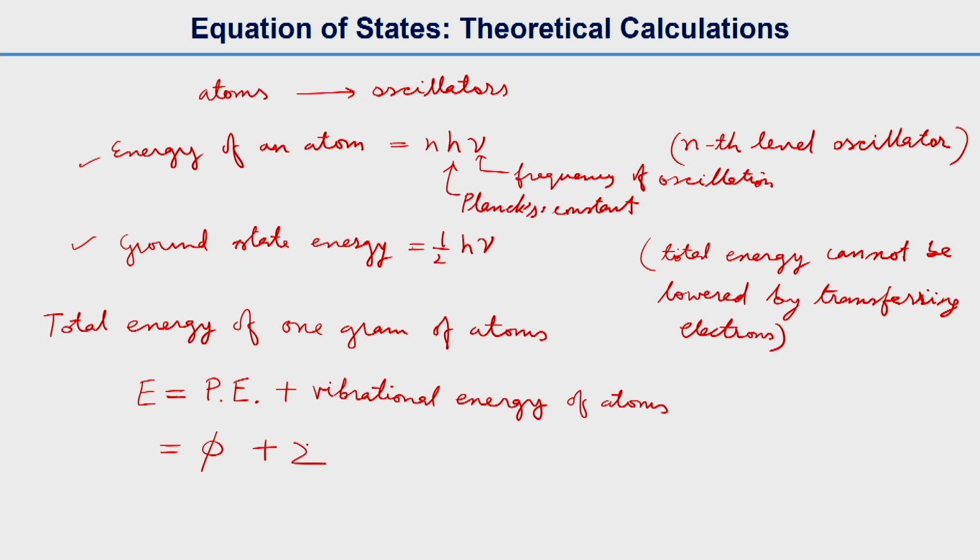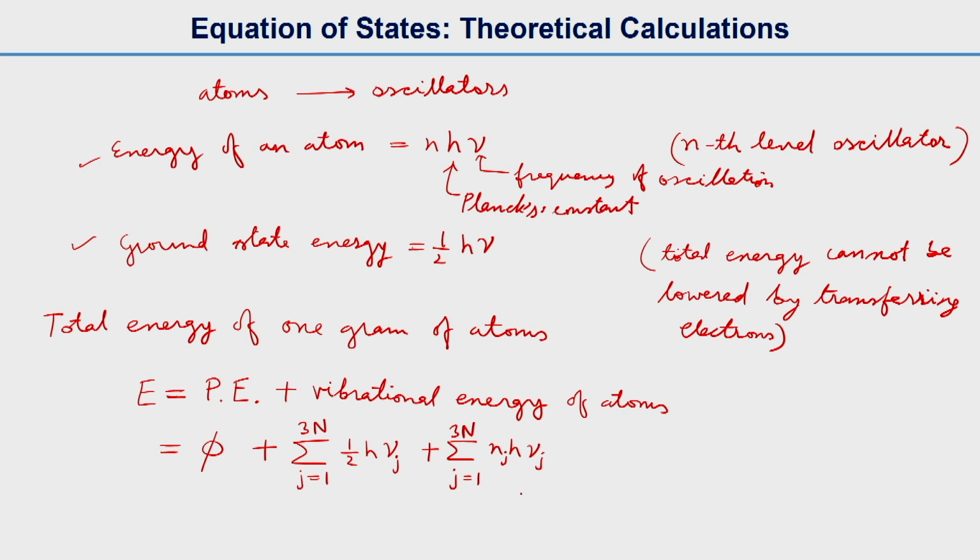Since we now have 1 gram of atoms, not a single atom, we will write the summation from j equal to 1 to 3N. I hope you know about these summation signs. Here h is Planck's constant, which is constant, and the frequency of vibration will take different values for different atoms. So, summation j equal to 1 to 3N of h nu j n j.